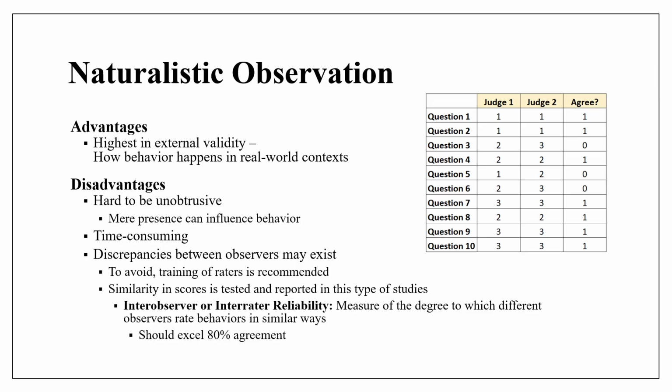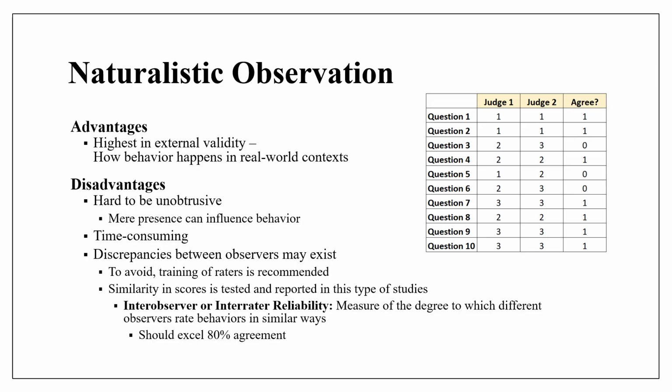And then there might be discrepancies between the observers or the raters. So again, we talked about how the training of these raters is going to be extremely important and recommended to avoid these discrepancies, because the thing is, if we want to trust this data, we want to make sure that there's agreement among our raters.